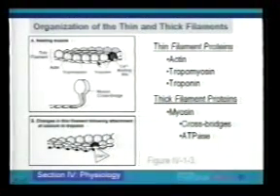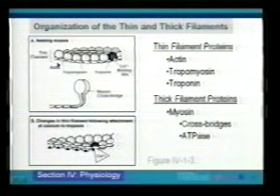Now, the next few points are very important in understanding overall muscle contraction. Under resting conditions, the troponin has no calcium attached to it. So under resting conditions, when there is no calcium attached to the troponin, the tropomyosin physically covers up these attachment sites on the actin and makes them unavailable to the cross bridges.